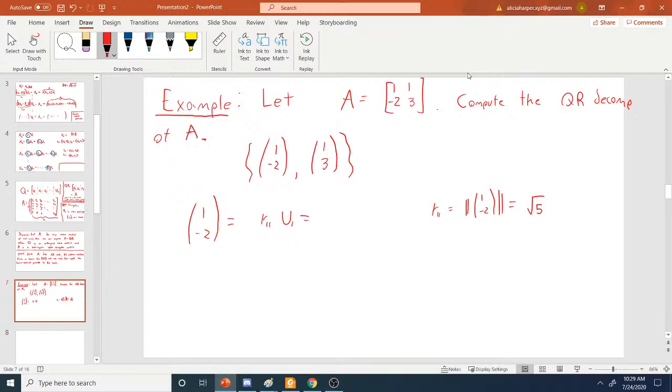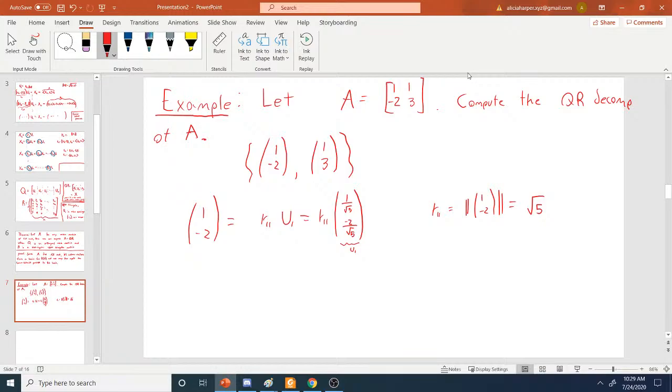And thus, this is going to be R11 times the vector 1 over the square root of 5, -2 over the square root of 5, where this here is U1.